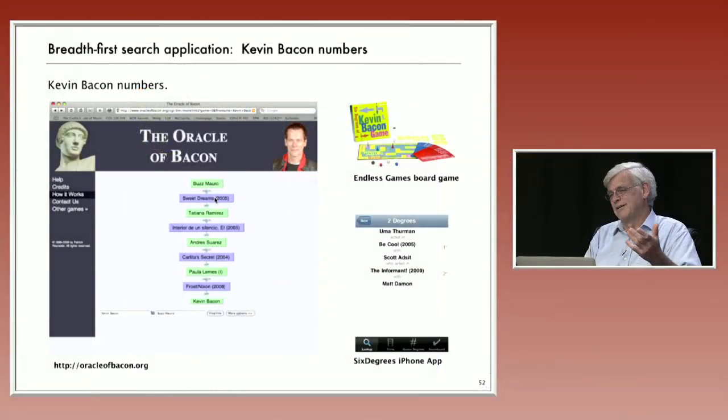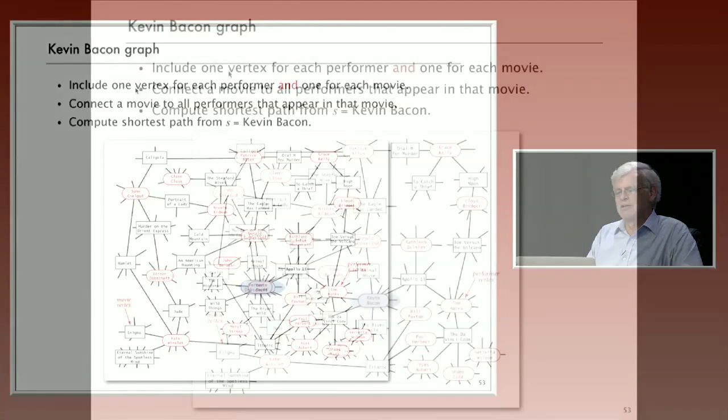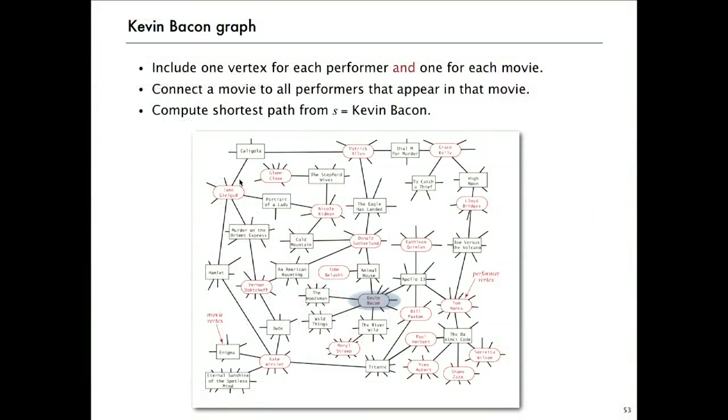And another pop culture application of this is so-called six degrees, where you can get to anyone within six steps in this way. So that's an implementation of breadth-first search on the Kevin Bacon graph, where we include one vertex for each performer, one vertex for each movie, connect the movie to all performers that appear in the movie, and find the shortest path from Kevin Bacon to every actor.